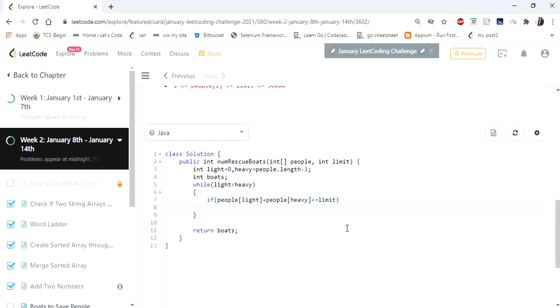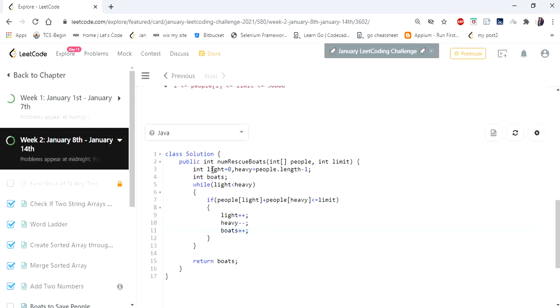Then it can carry two persons, so light plus plus and heavy minus minus, that is we are decrementing heavy, and we are adding to our boats.